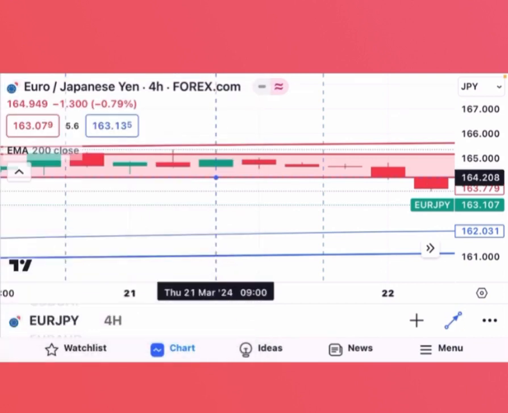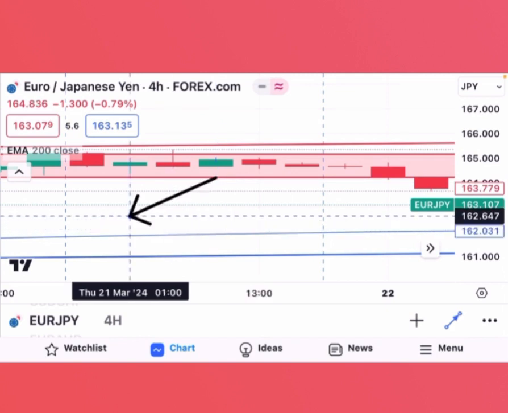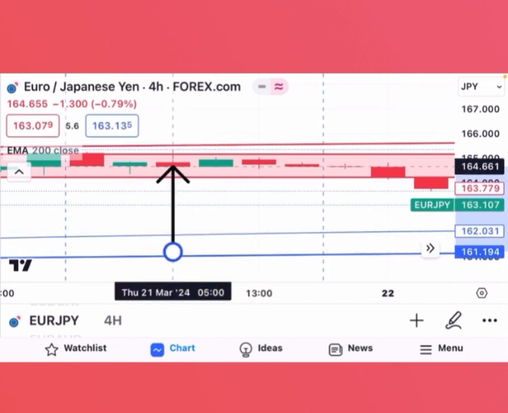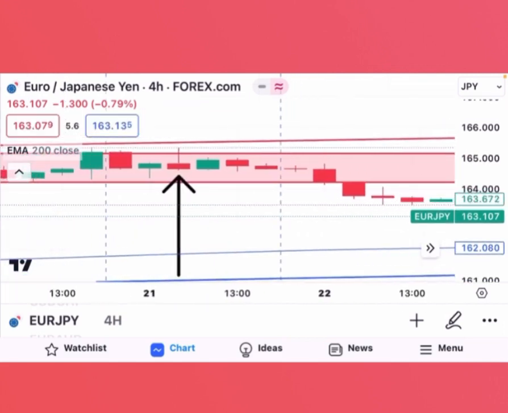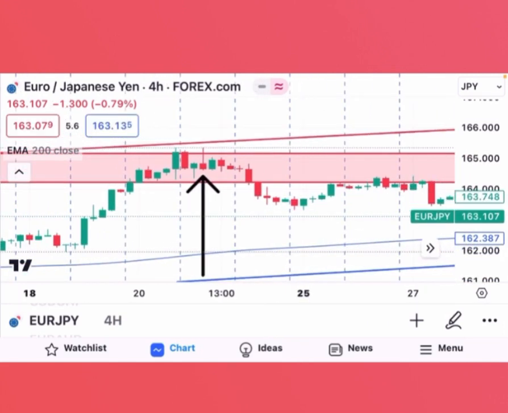Look at this hammer candlestick here. Okay, it's a reverse hammer candlestick. You can see the reverse hammer candle. I'm using this to point it out. You can see the reverse hammer when you get to the resistance zone, and also there's a trend line across it. Okay, it means the market will start coming down.